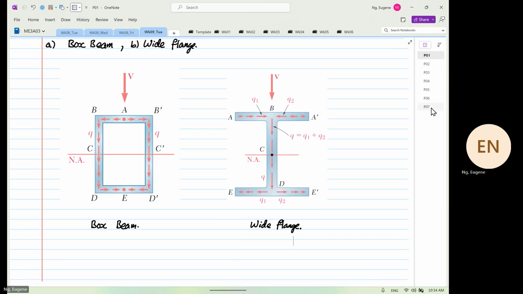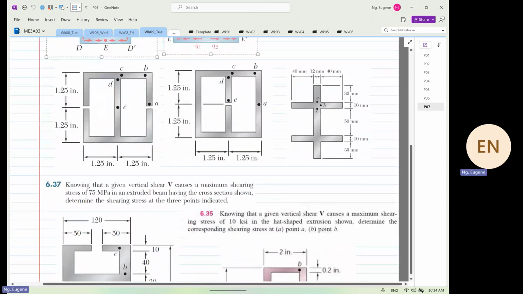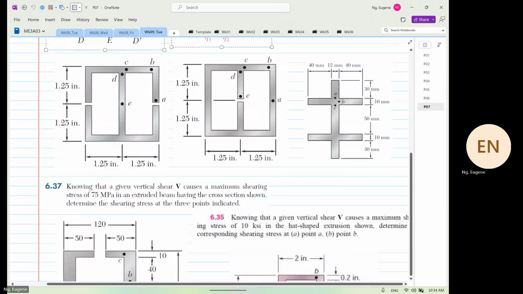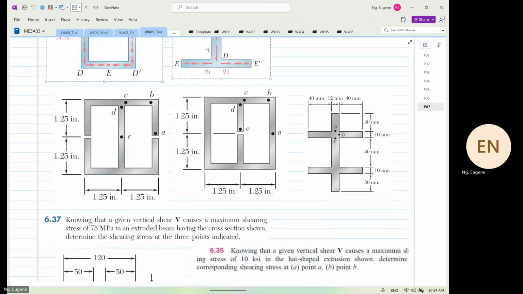Within the next 5 minutes, you are going to be able to design the shear flow for the diagrams in the center, the left center, and the third column. The rules for designing shear flow in those diagrams are really, really easy.